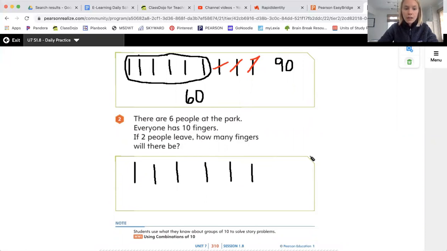Okay, 6 people at the park. All of these people have 10 fingers. So if I count them, 10, 20, 30, 40, 50, 60. I know there are 60 fingers.